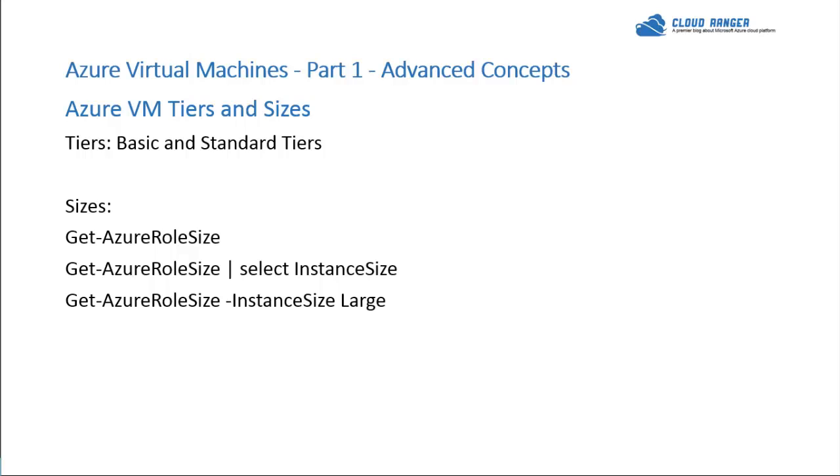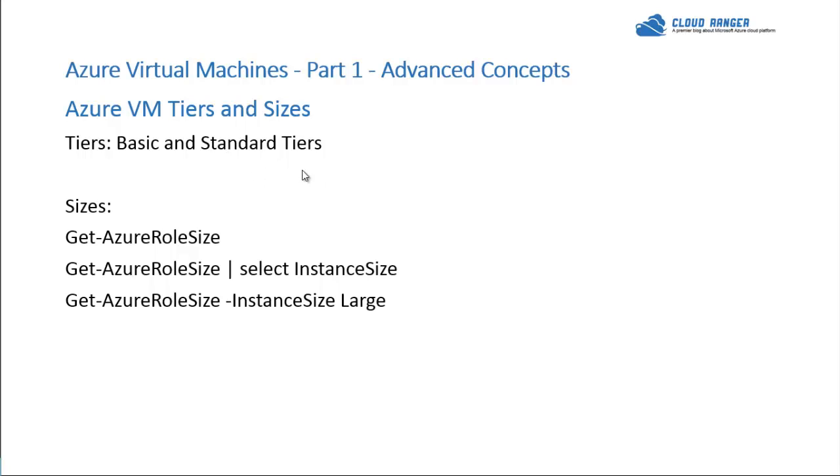Microsoft has different features that are available in these two tiers for the virtual machine. So you might have a size A0 on basic, and you might have A0 also on standard.